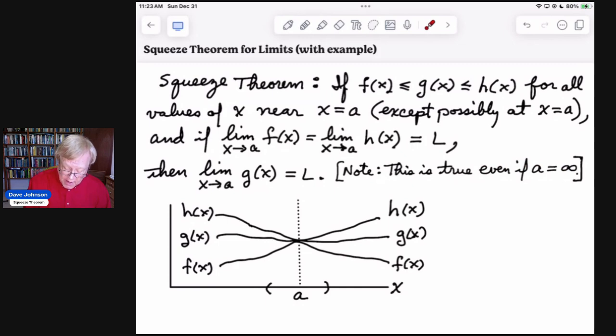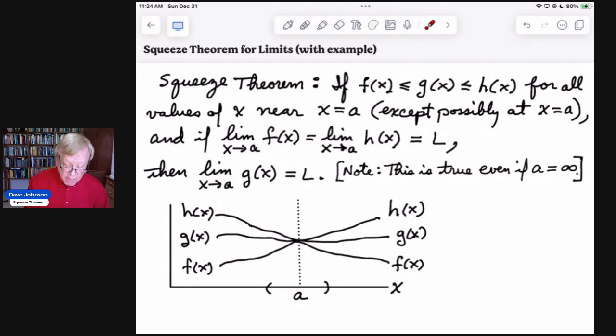then, and this is a compound inequality, I'll have more to say about that as we go through the example, but as long as this inequality holds, except possibly at x equals a itself, and if the limit of the leftmost function is the same as the limit of the rightmost function, then by the squeeze theorem, by the squeeze property, the function that's in between is going to have the same limit.